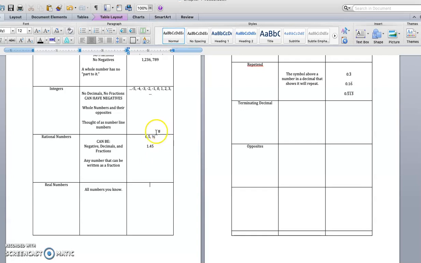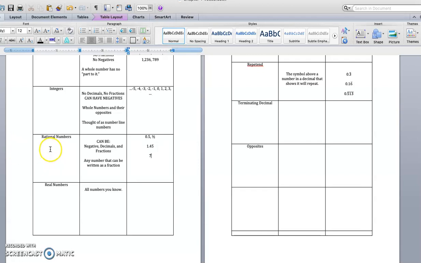A whole number like 7 is a rational number because I could put 7 over top of 1 and now it can be written as a fraction. And real numbers, simply put, are all the numbers you know. Decimals, fractions, negative, positive, everything.